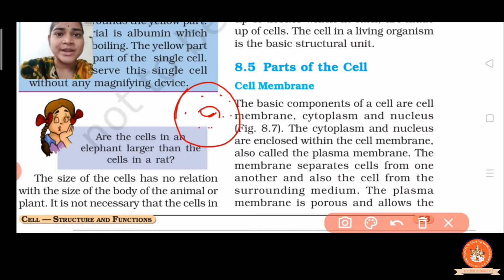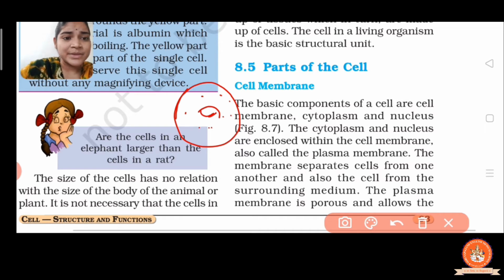So the cell membrane you can also call the plasma membrane. The membrane separates one cell from another and also the cell from the surrounding medium. Again I repeat, the plasma membrane or cell membrane separates all cells from one another, as well as from the medium.